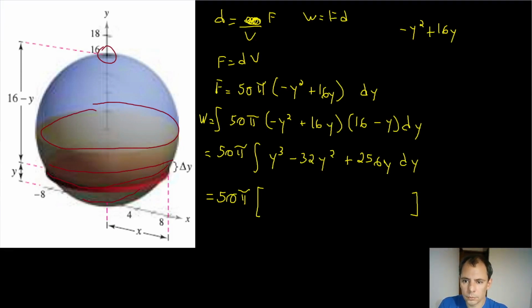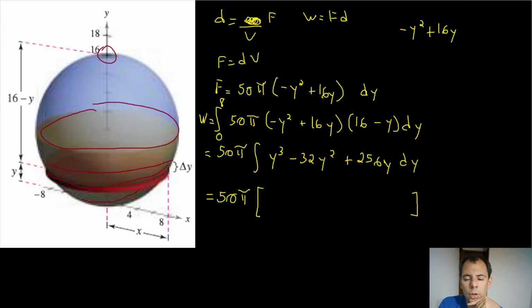Okay, because the tank is half full, y ranges from 0 to 8, and the work required to empty the tank is, that's it, this integral is going to go from 0 to 8. Why aren't you using more? For example, how about 0 to 16?